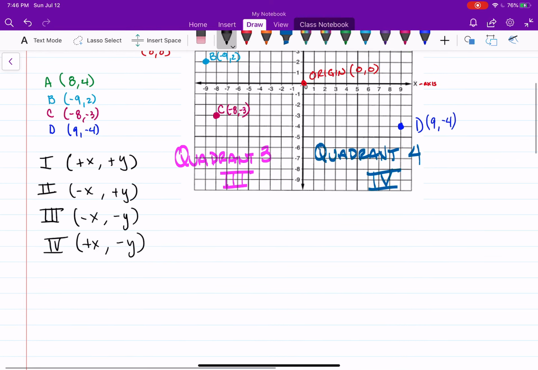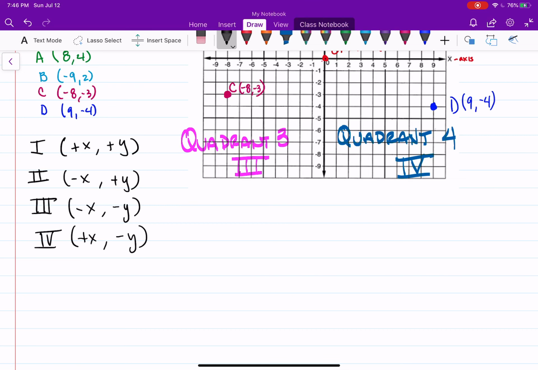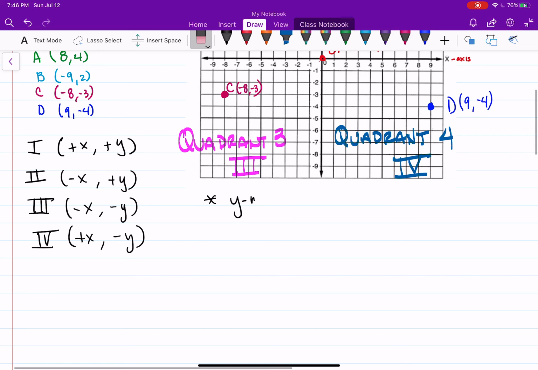Okay? The other thing that they want to talk about is also the Y-intercept. I'm going to shorten this to Y-int, so if you see Y-int, you know that I'm talking about the Y-intercept.